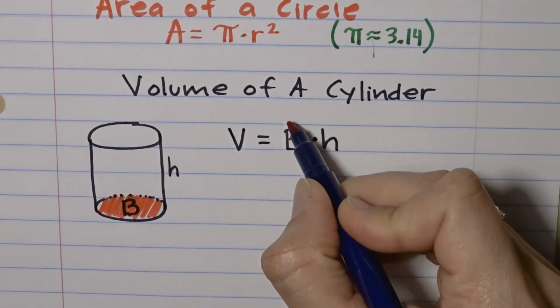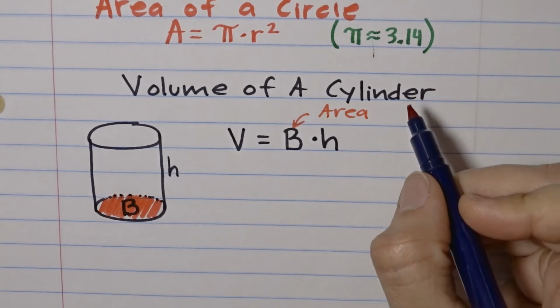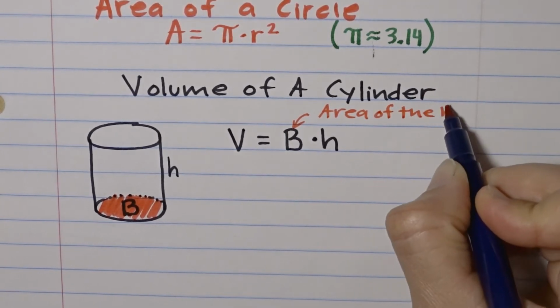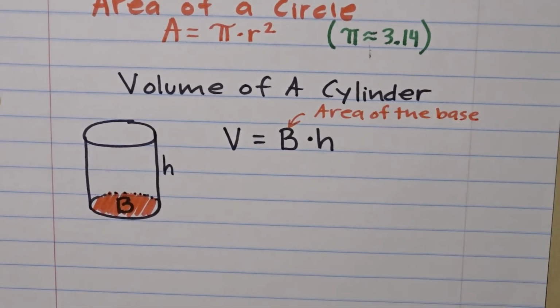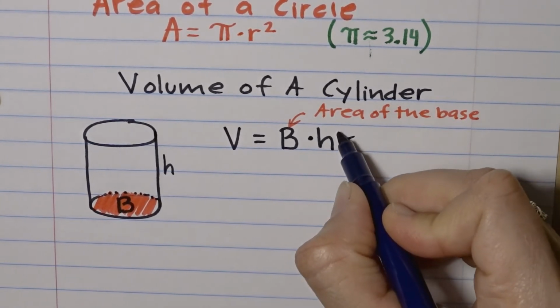To be more specific, let me show you what that means. This here is going to represent the area of the base, and H is going to represent the height.